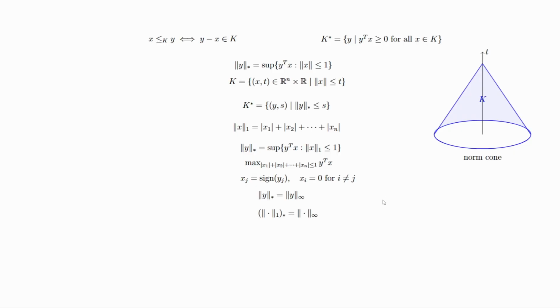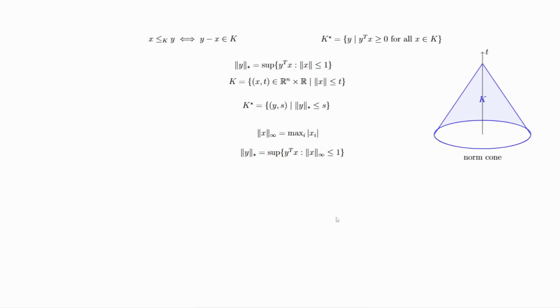So the dual norm of L1 is the infinity norm. So by symmetry, let's verify that the dual of the infinity norm is L1. So again, we want to find what the supremum of y transpose x subject to this norm constraint actually is equal to. Okay, so let's think about it more closely.